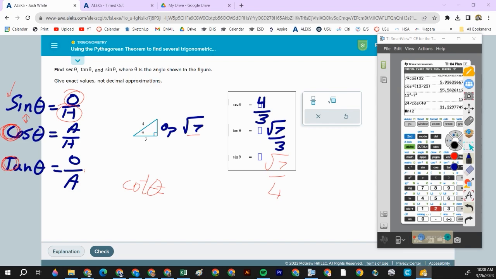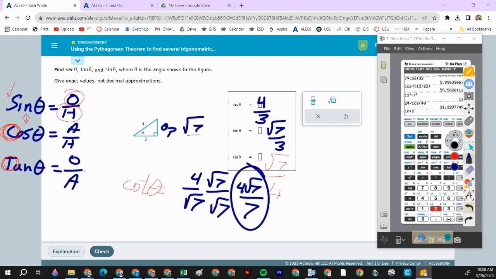Well, that's the A side divided by the O side. That would be 4 over root 7, but I'm not allowed to leave it in that form. I need to times it by root 7 over root 7, and that yields 4 root 7 over 7. Okay.